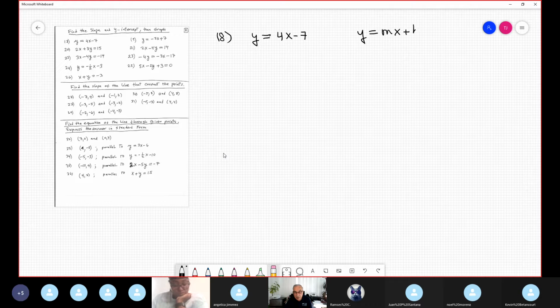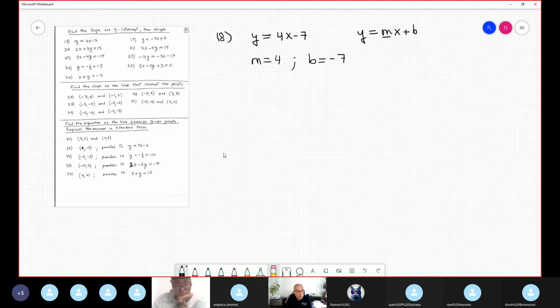And we compare. Who is m in our problem? 4. Who is b in our problem? -7. Be careful with the sign, guys, because the general equation is everything plus. In this particular example we see negative because the sign of b is negative.